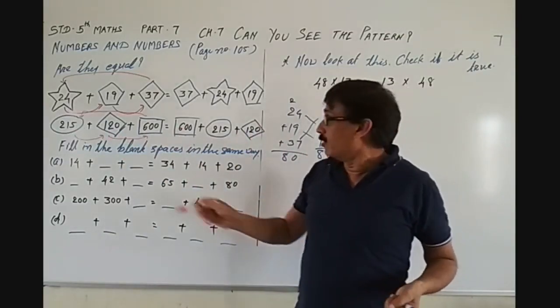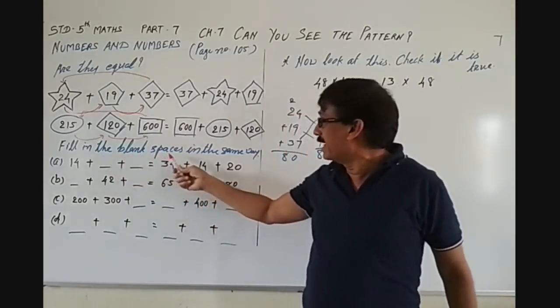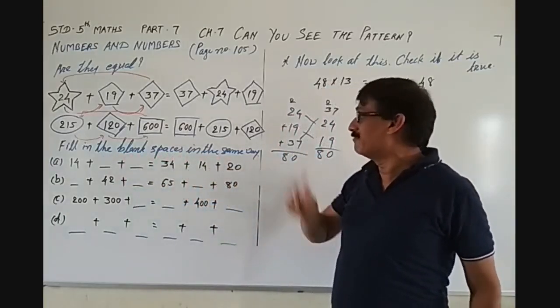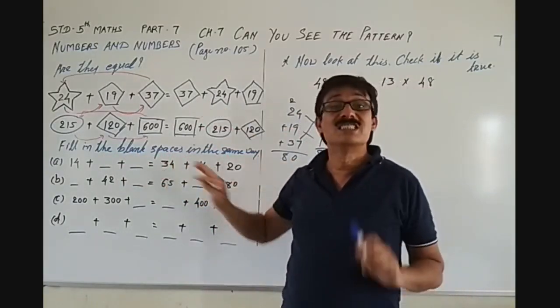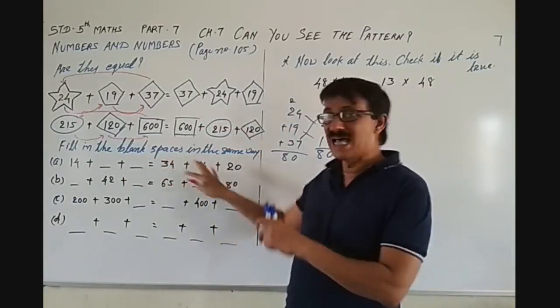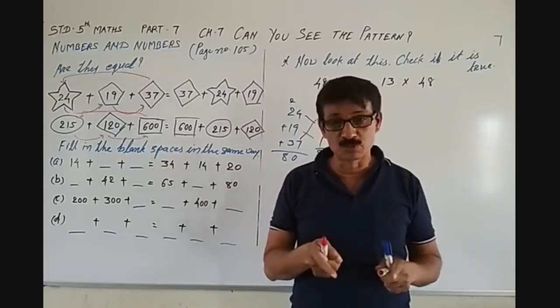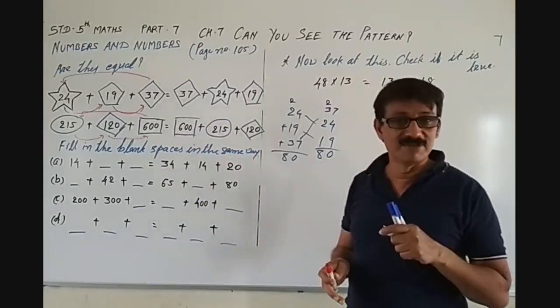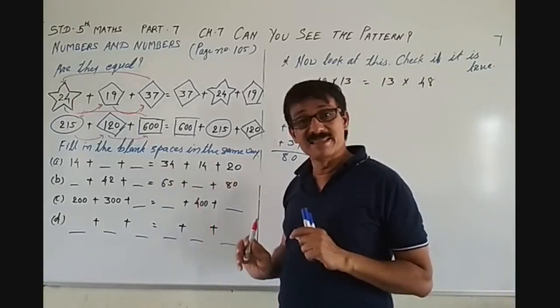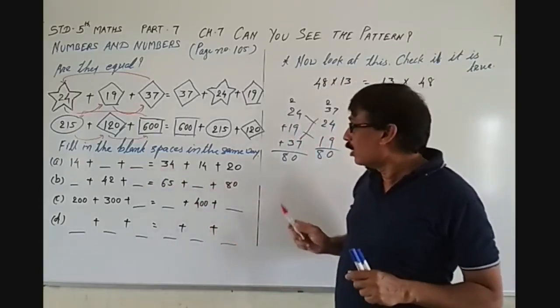So let's go for this one. Fill in the blank spaces in the same way. See here I do not draw the shapes, but the numbers are there. You can see in your textbook. I have not drawn such shapes like flowers and everything, but the numbers are there. Now here what is there?